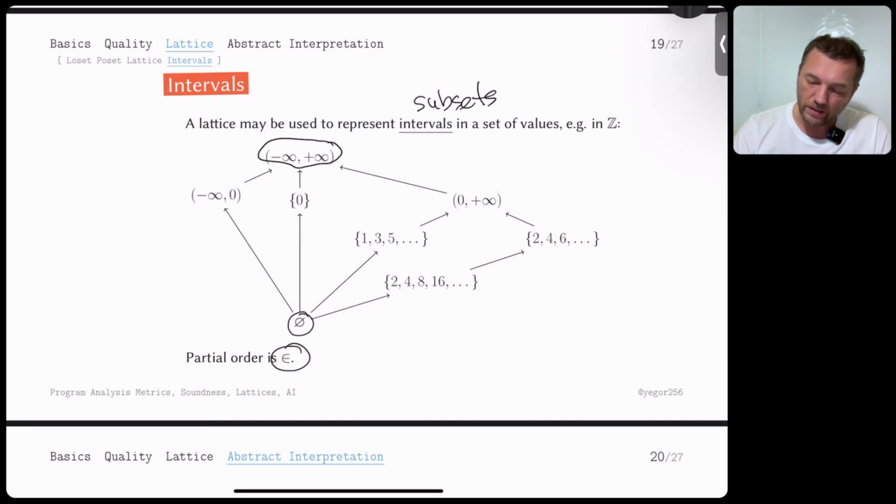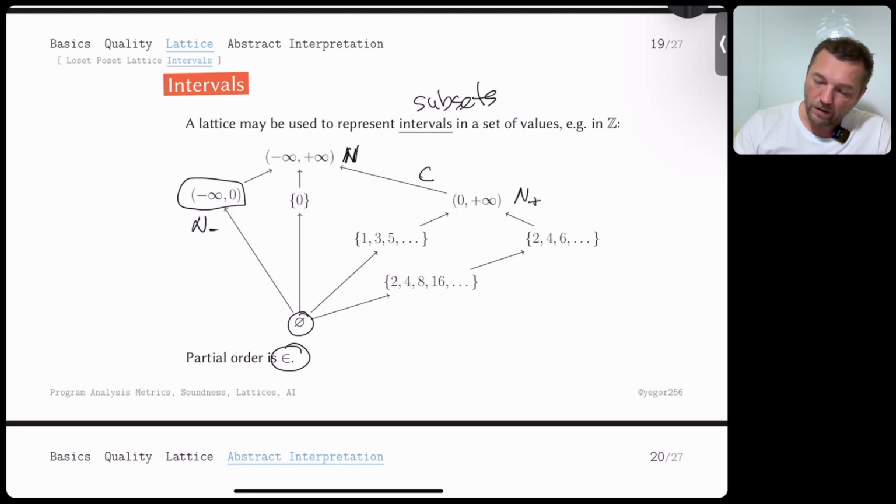For example, the set on the top I defined as basically all numbers. Here I defined all negative numbers, N with the subscript n. Here I defined a set with just one element, 0. And here from 0 to infinity.